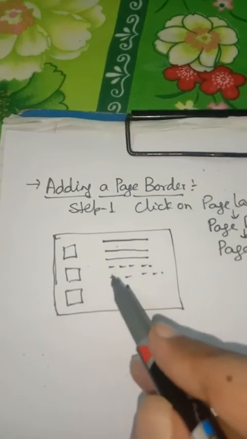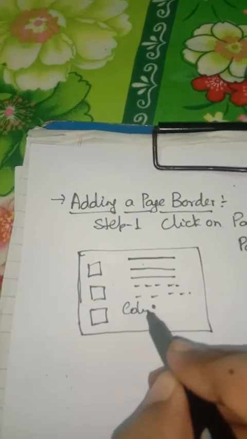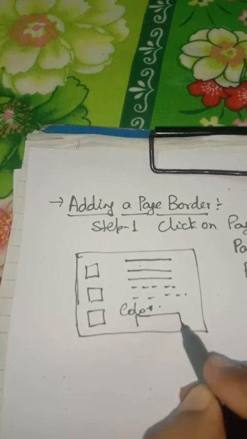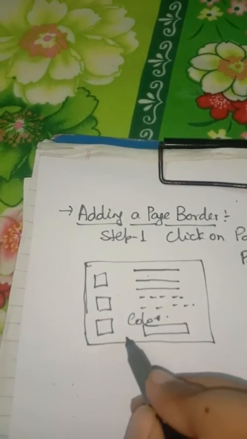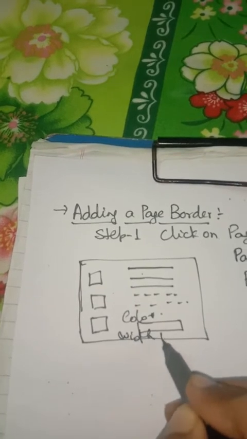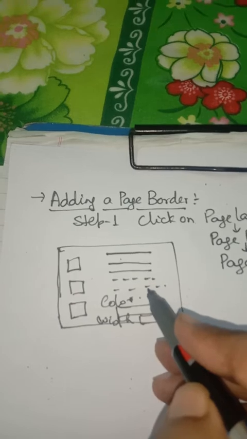We can select any one of them, or we can also set the color of the border. The color options are also available over here. We can also select the color and the width, the width of the lines of the border that we have selected.